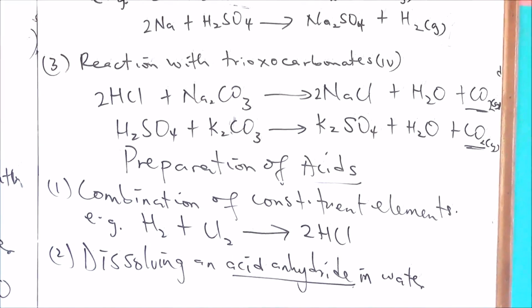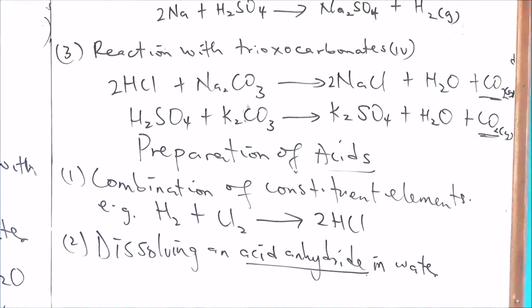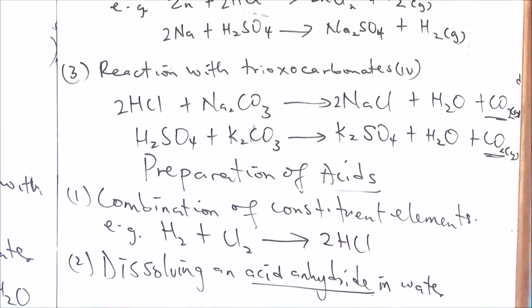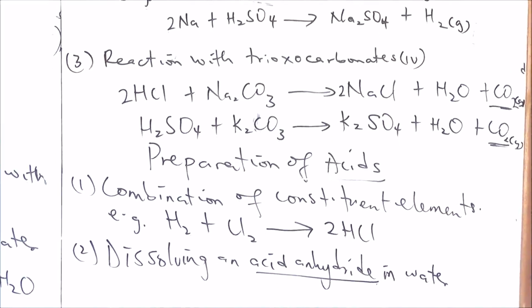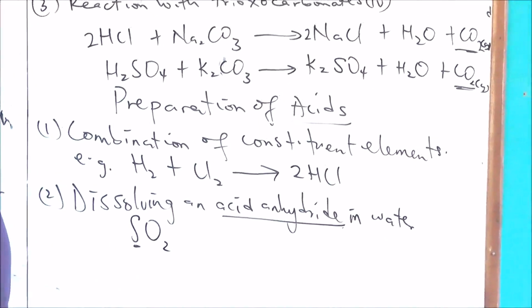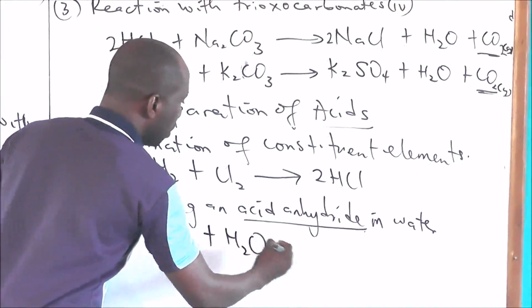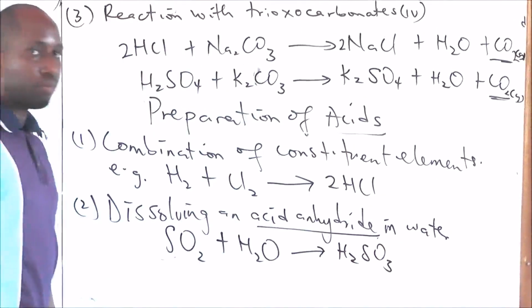Actually, acid anhydrides are oxides of non-metals that when you dissolve them in water, they give you acid. For example, SO2 is an oxide of a non-metal, which is sulfur. If I dissolve this in water, I'm going to get H2SO3.